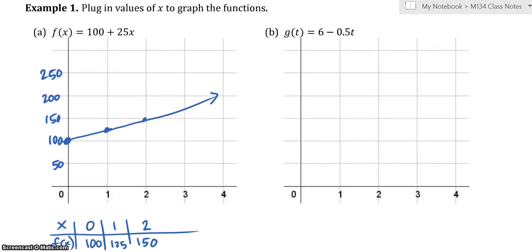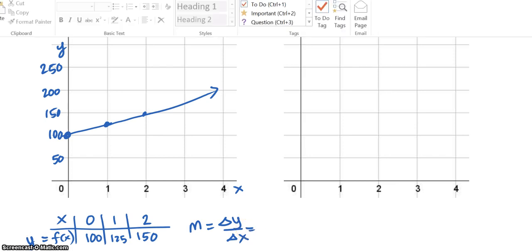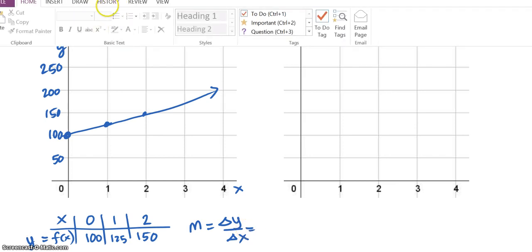let's go ahead. I know they didn't ask for this, but let's go ahead and look at the rate of change here, the m. The m is the change of y over the change of x. And I'm going to call this my y and this my x. I'll call this my y. And I'm not going to pick that 125 since it's not right on the grid.